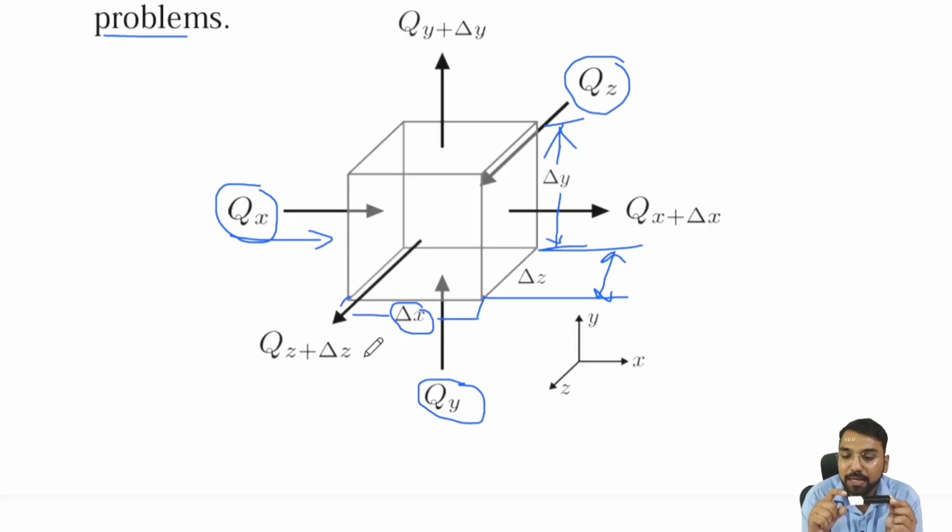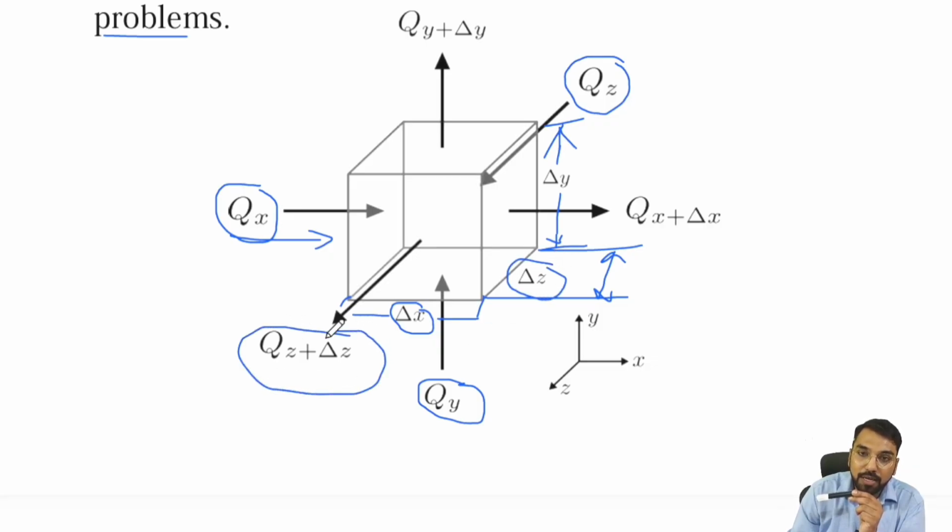Similarly in the z direction, qz is the input, with delta z as the thickness, so the output heat energy will be qz plus dz.